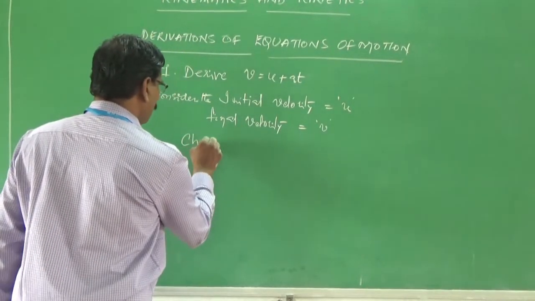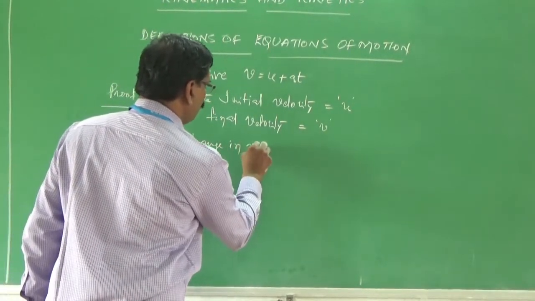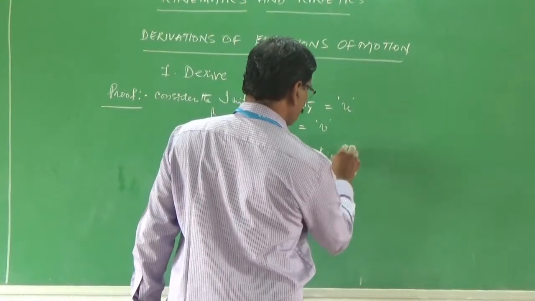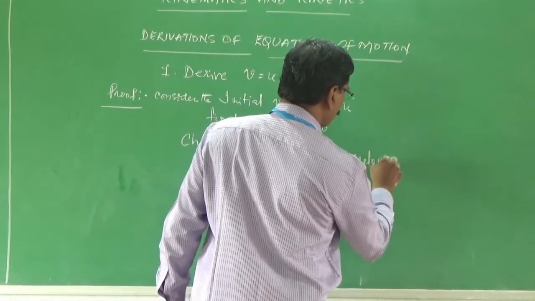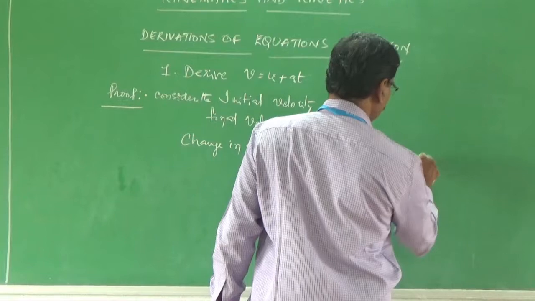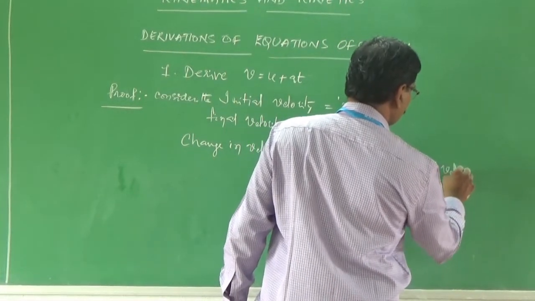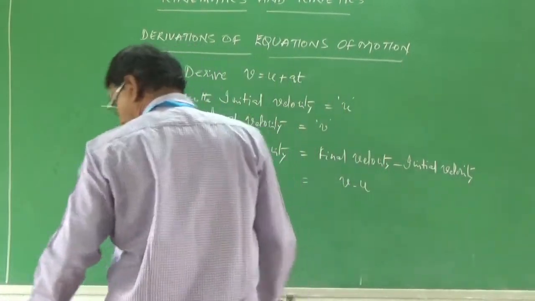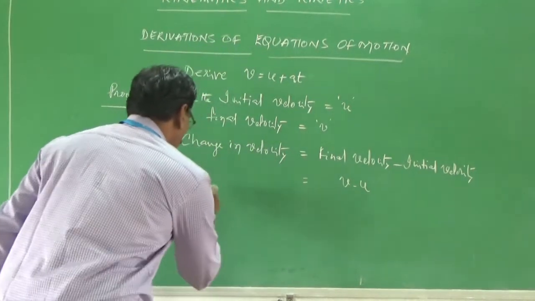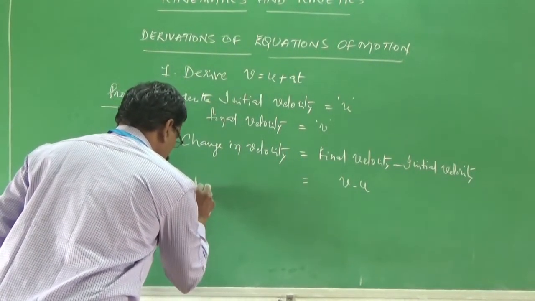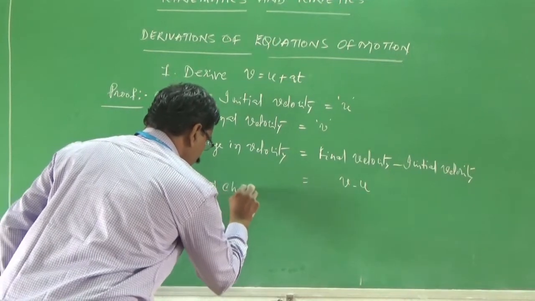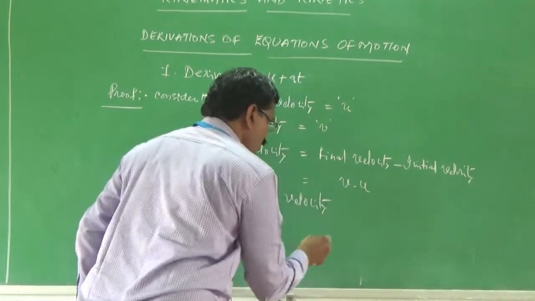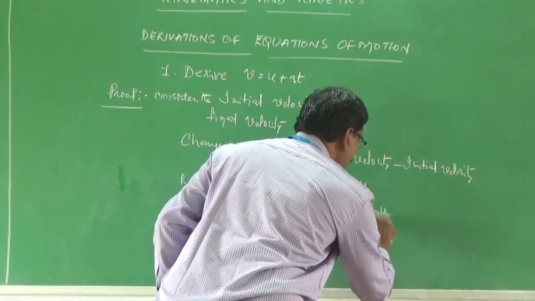The change in velocity of the body is equal to final velocity minus initial velocity, that is equal to v minus u. The rate of change of velocity is equal to v minus u by t.